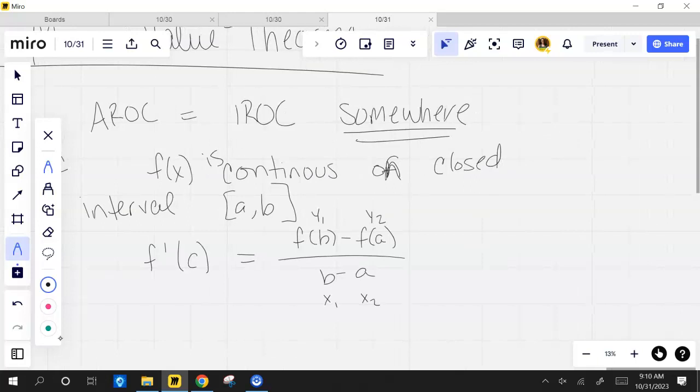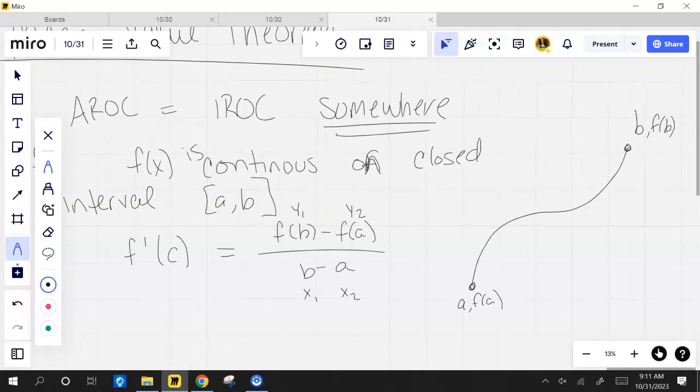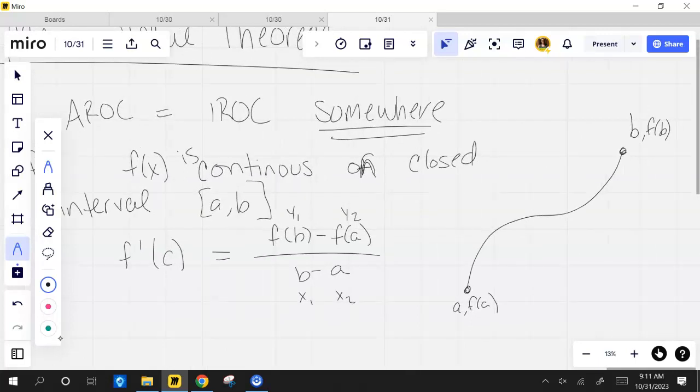Because if you're on this closed interval, if this is A, f of A, and this is B, f of B. I'm closed interval because I'm just between these 2 points, right?